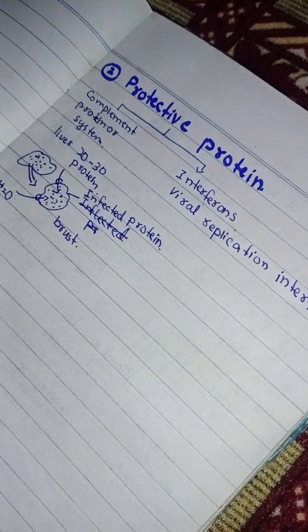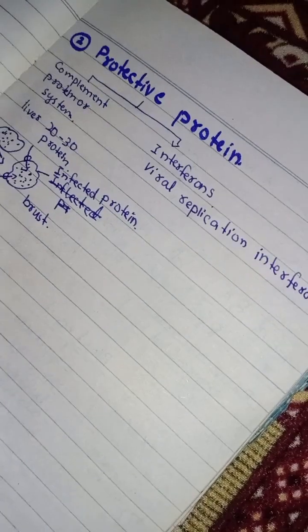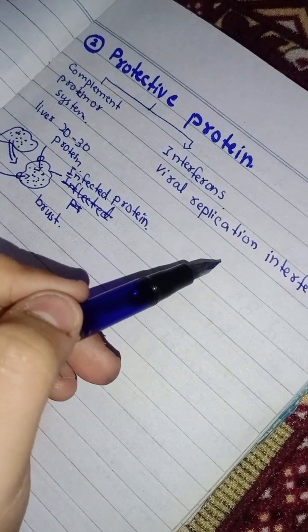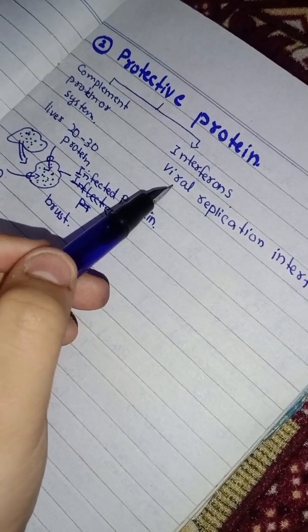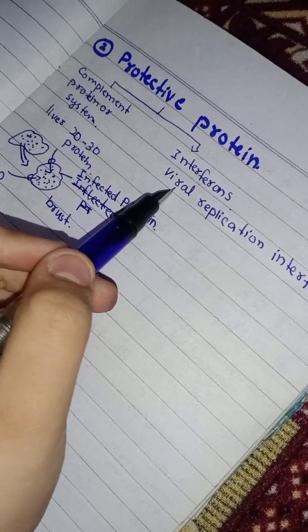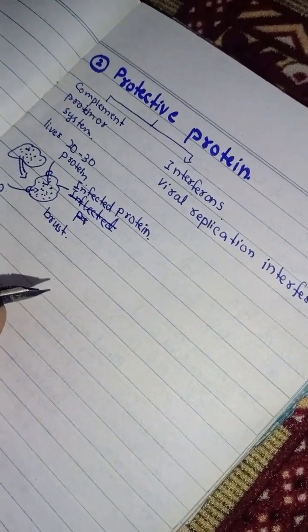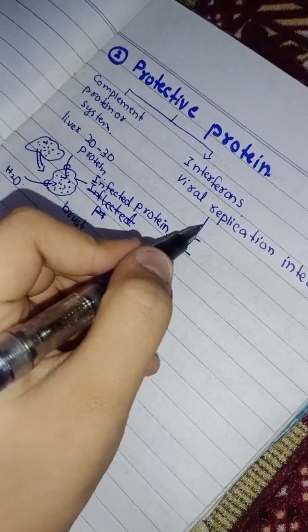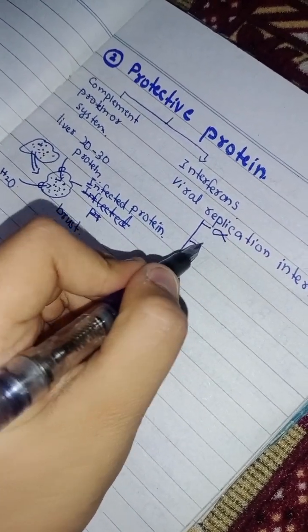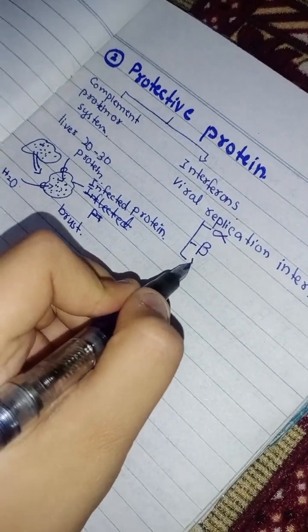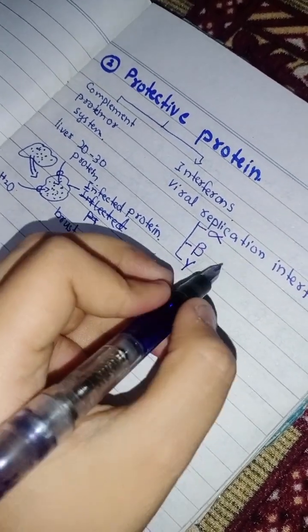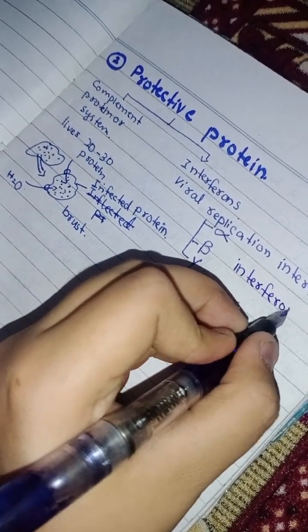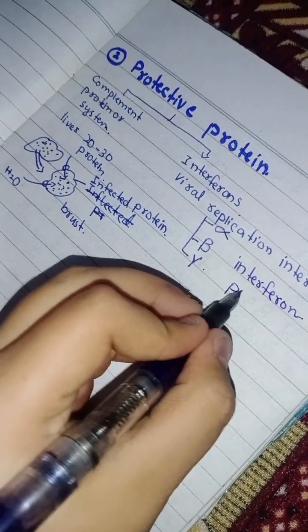Interferons do not allow the viral proteins to make further replication, so the word interference is used. Interferons are divided into three types: first alpha, then beta, then gamma. These are the interferons which protect.